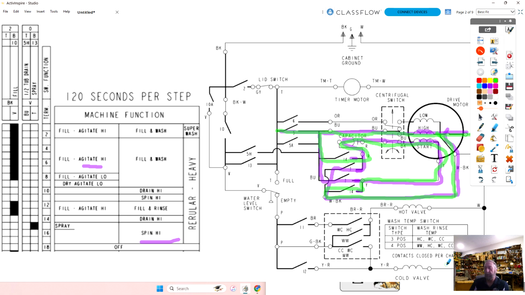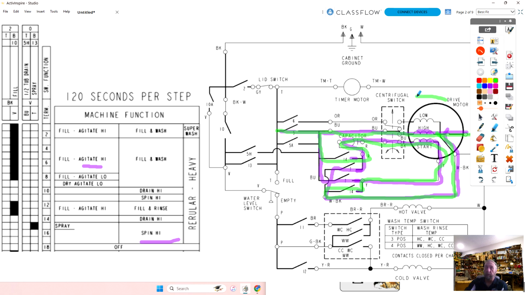What is different between the wash and the spin? Are we using a different winding in the motor? Yes or no? No, I'm using the same high speed and the same start winding. I'm not using any other. The difference is the timer switches.